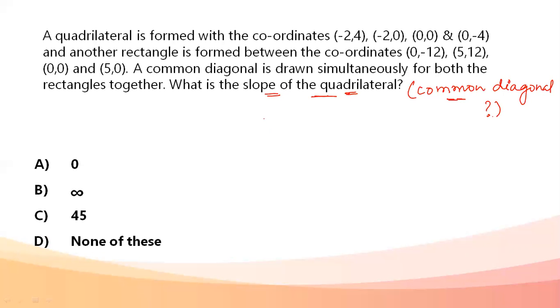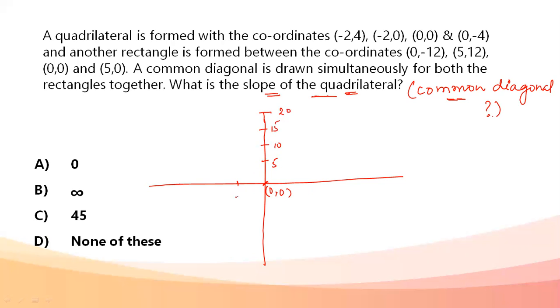Okay, now if we try drawing the figure, to have a rough idea of what the figure is talking about. 0, 0, now minus 2, 4, this is going to be 1, 2, 3, and 4. Here I'm taking it 5, 10, 15, and 20.